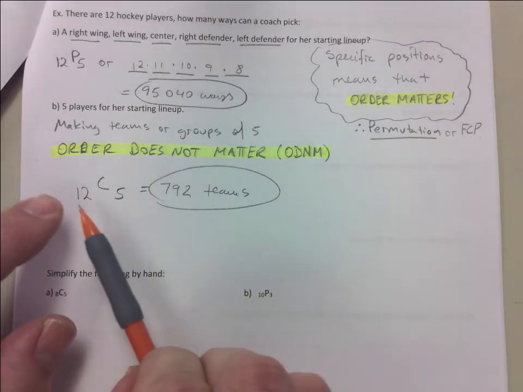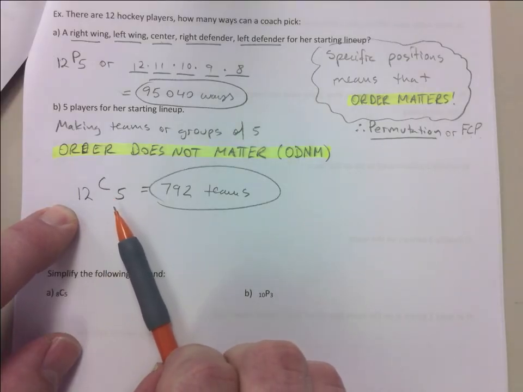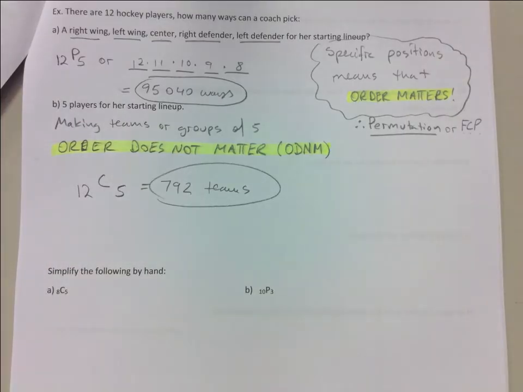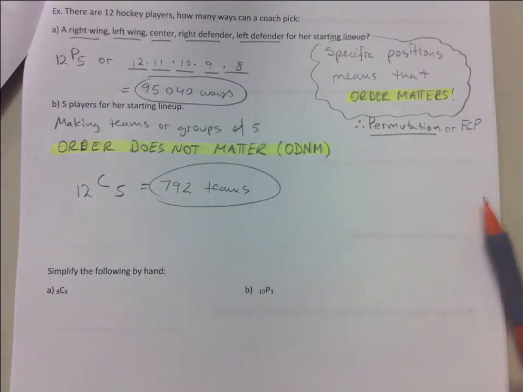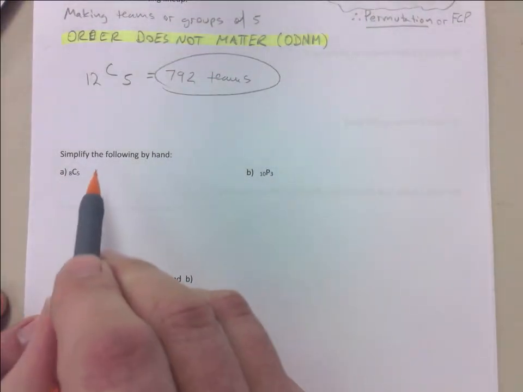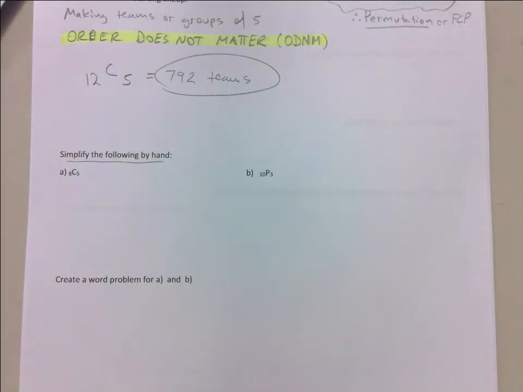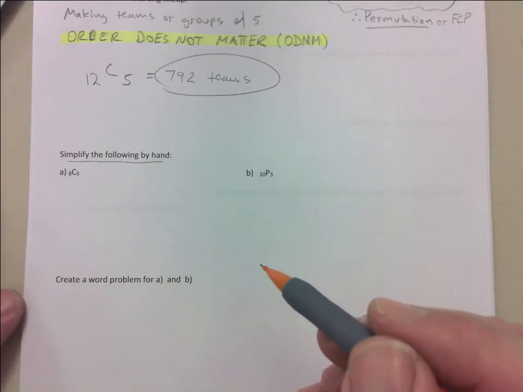So it's basically from the 12 players, choose 5. I know it's somewhat silly, but then it sticks. I'm not going to ask you to simplify by hand right now. I honestly am not going to do that.